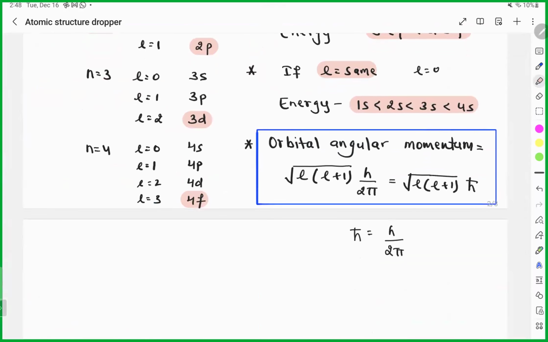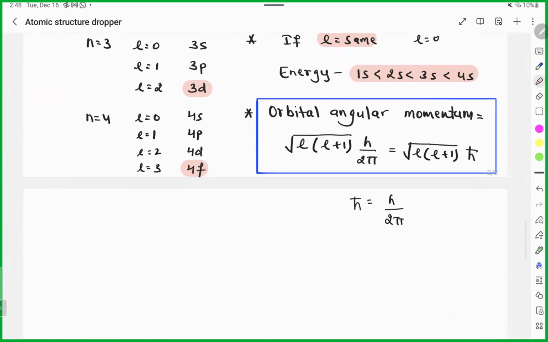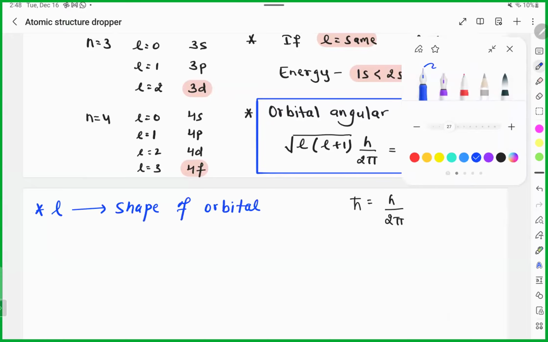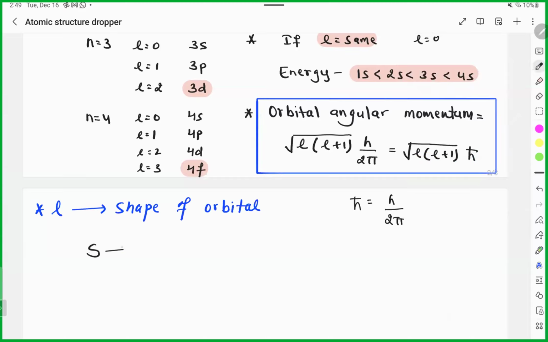And we said that this azimuthal quantum number tells us about the shape of the orbital, right? We said L gives us an idea about the shape of the orbital. So what are the different shapes of the orbital? First, if you have an S subshell, then it will be spherical in shape.